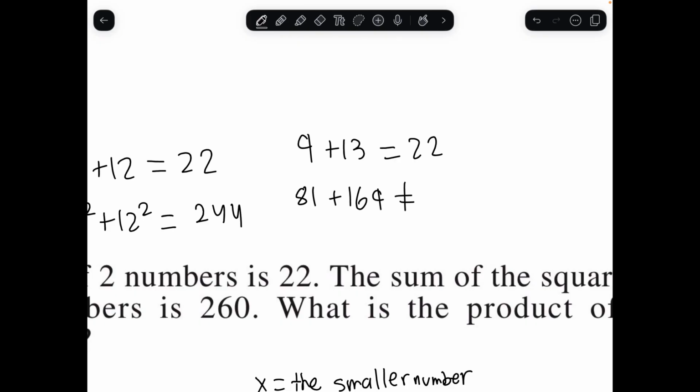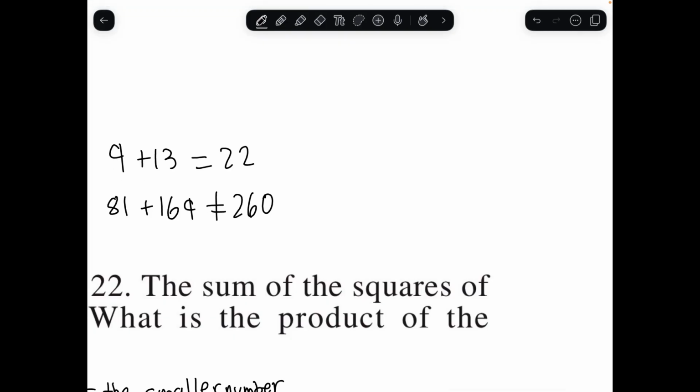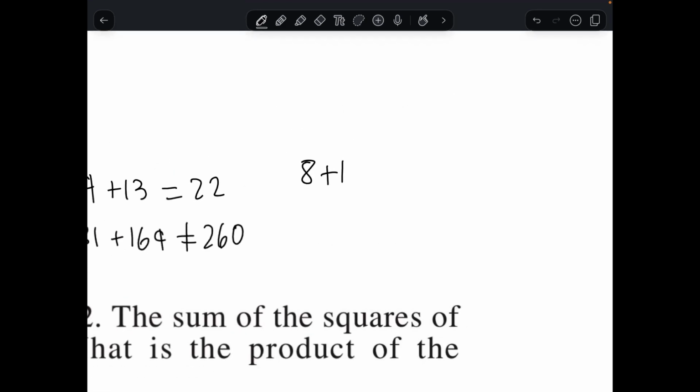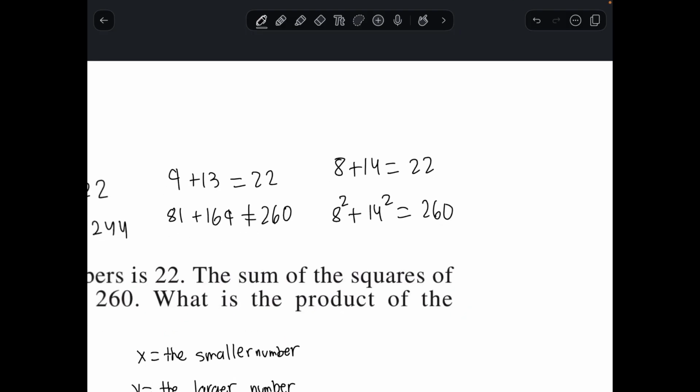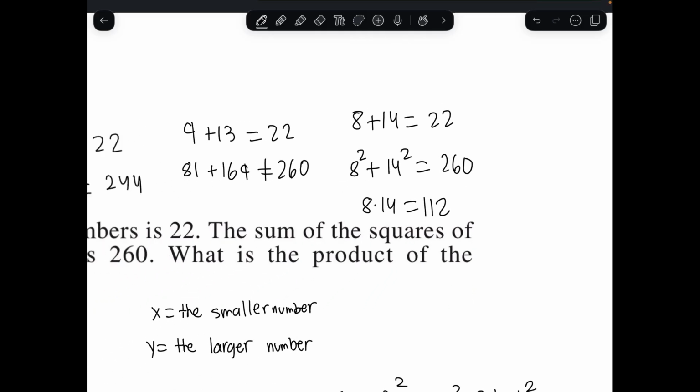This also does not get you 260. And then eventually, if you keep checking, you'll get to 8 and 14, and 8 squared plus 14 squared does actually equal 260. And then you would do 8 times 14 and you would get 112.